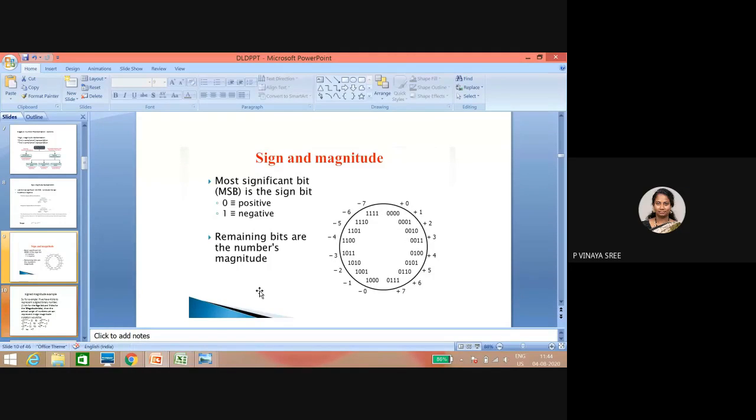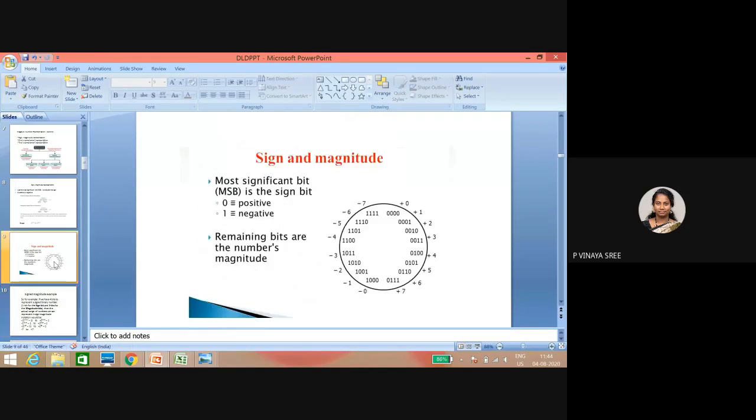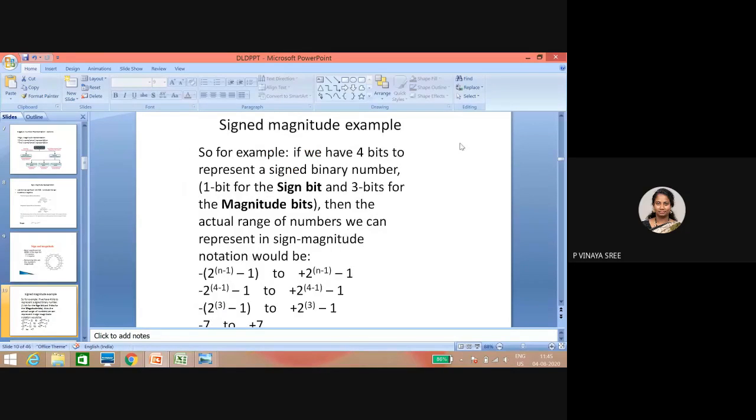Coming to the signed magnitude example, in the previous case we considered register size as 4 bit. If the register size is 4 bit, what will be the range is very important. Here we have 4 bits to represent a signed binary number, 1 bit for sign and the remaining 3 bits for magnitude.